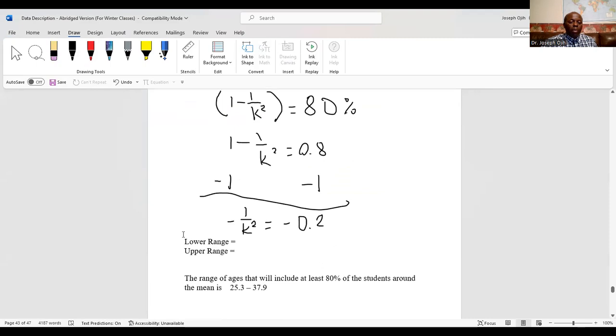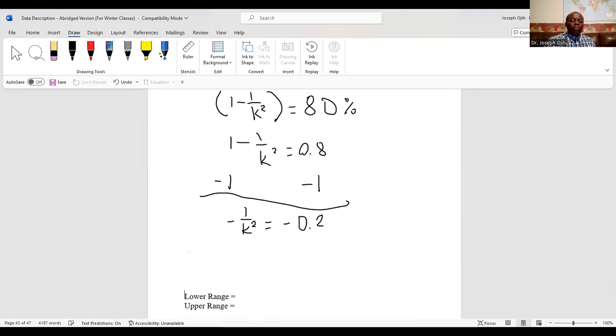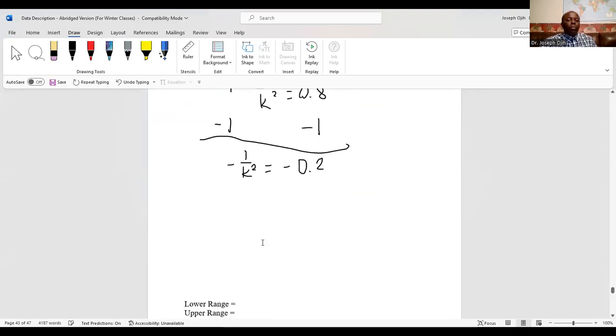Right. Then let's create more room so I can just finish this. Now, you need to make both of them positive. For algebra, to make both sides of the equation positive, divide by -1. So divide by -1 on this side, and divide by -1 on that side as well.